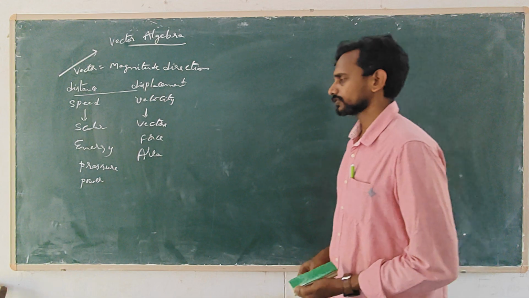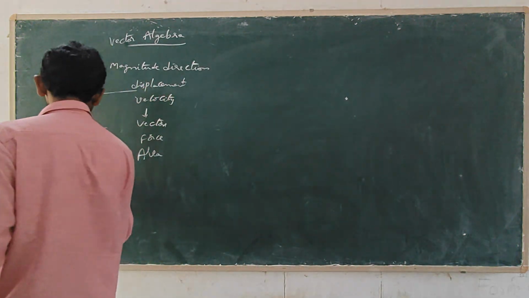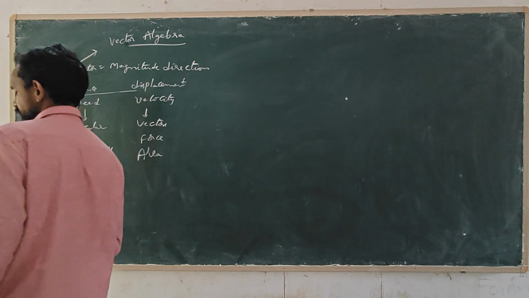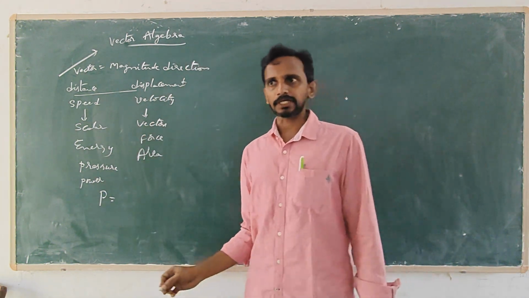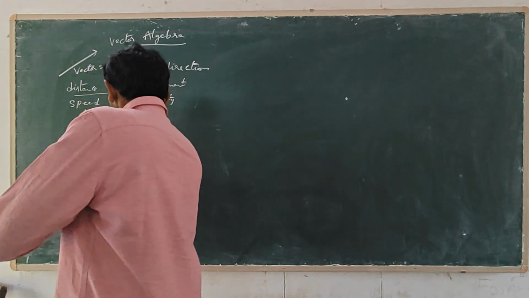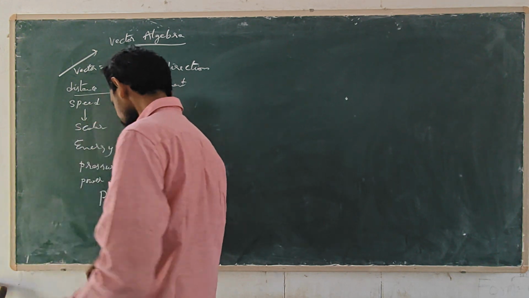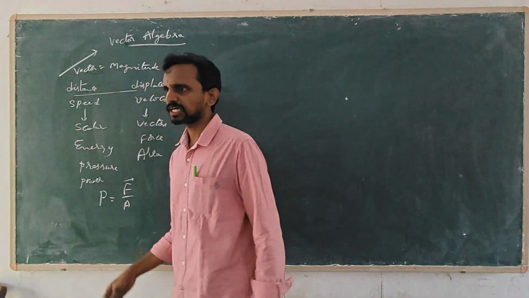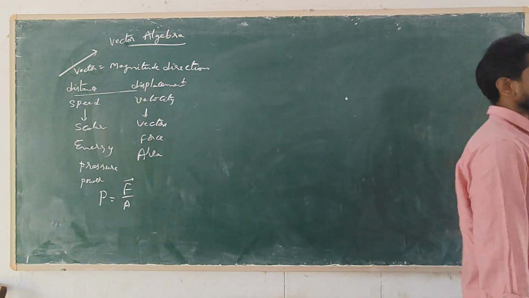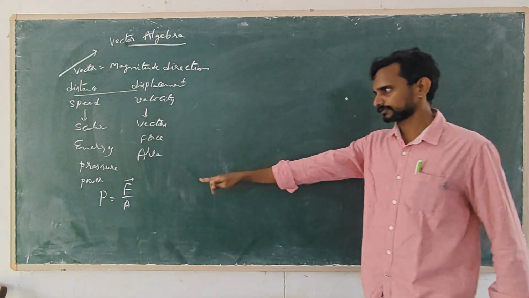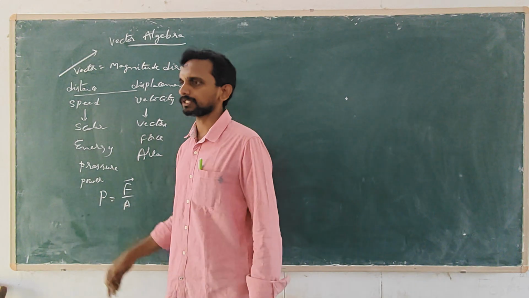Okay, so you have to confirm these things. Let's say pressure equation and what is pressure? Force per unit area, right? Here force is a vector and you are developing a scalar out of it. అంటే ఒక పక్కేమో వెక్టర్ ఉంది, ఇటు పక్కేమో స్కేలర్ ఉంది.